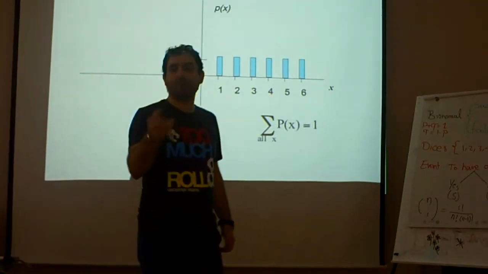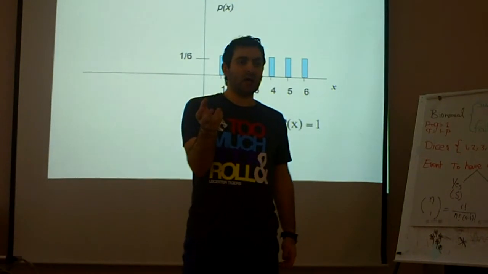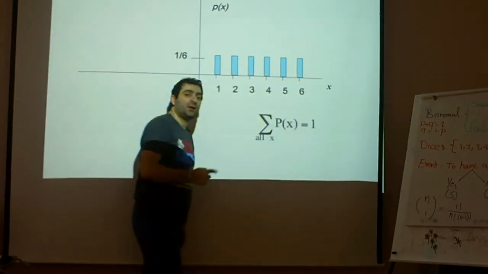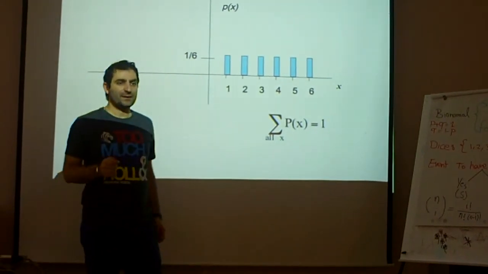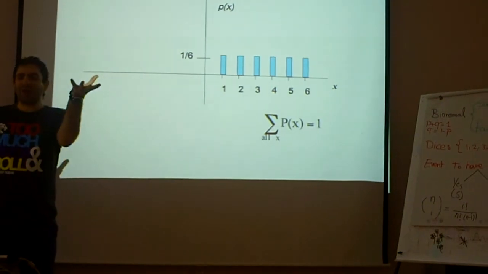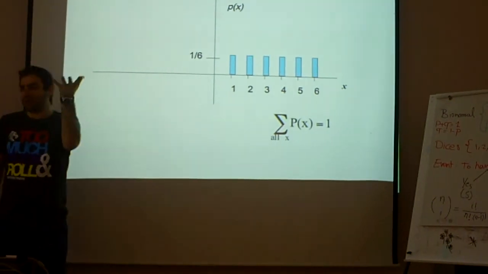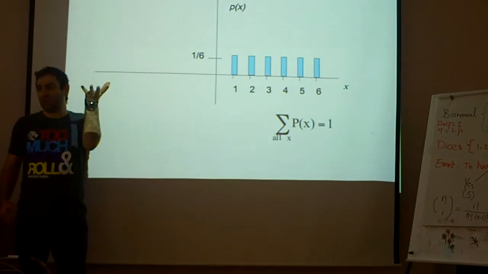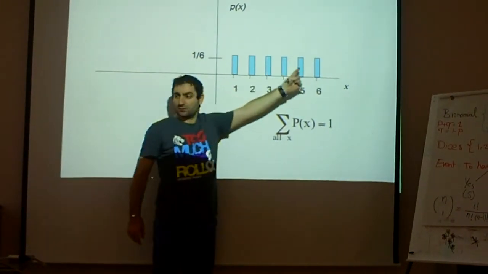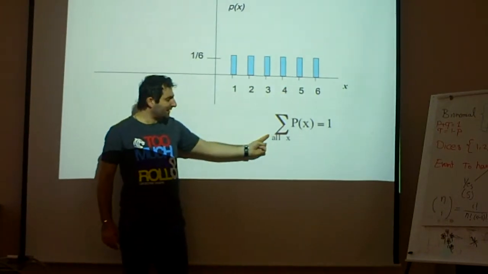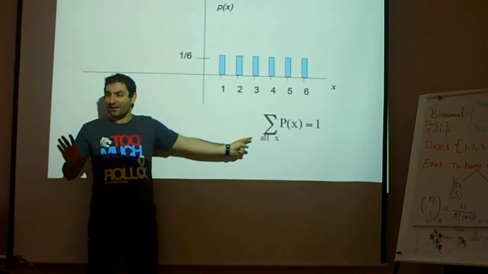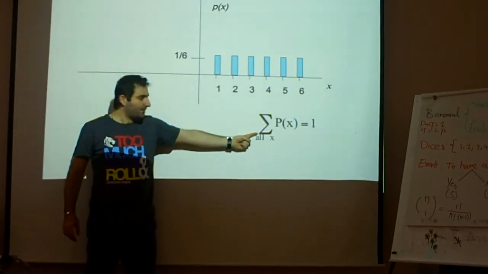But if I have a biased die, then it means that these probabilities are not equal to each other. Maybe the probability of having one of the numbers is bigger than the others. If I have a biased die in my hand, what will happen to this formula?